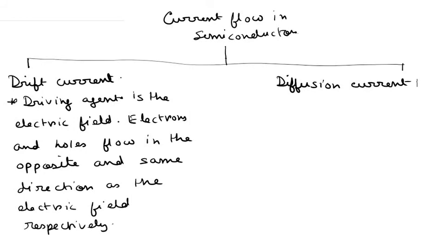When we have high concentration of carriers at one end of the semiconductor and low concentration at the other end, these carriers start flowing from the point of high concentration to the point of low concentration, and this flow that occurs due to a difference in concentration of carriers constitutes the diffusion current.